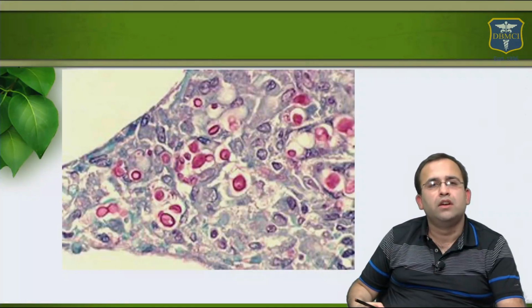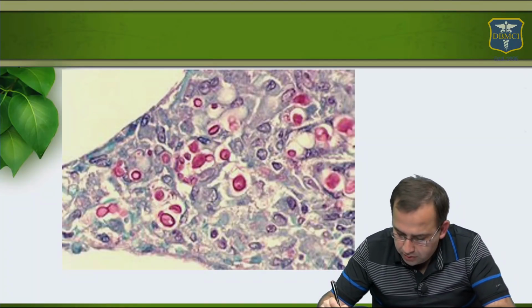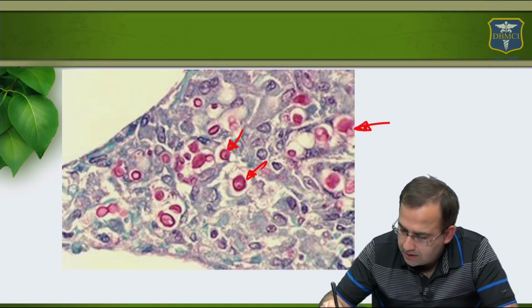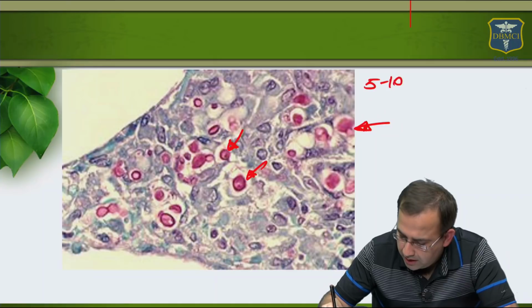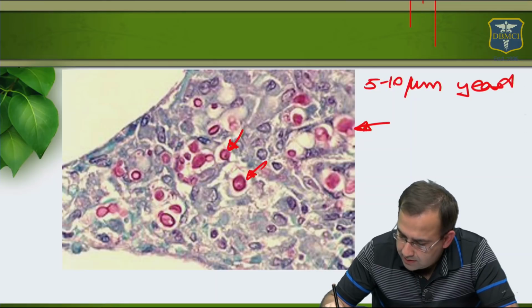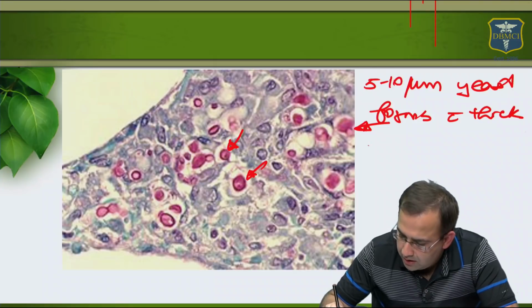Next, diagnosis. What you see here are small yeast forms. All these are 5 to 10 micrometer yeast forms with thick gelatinous capsule.